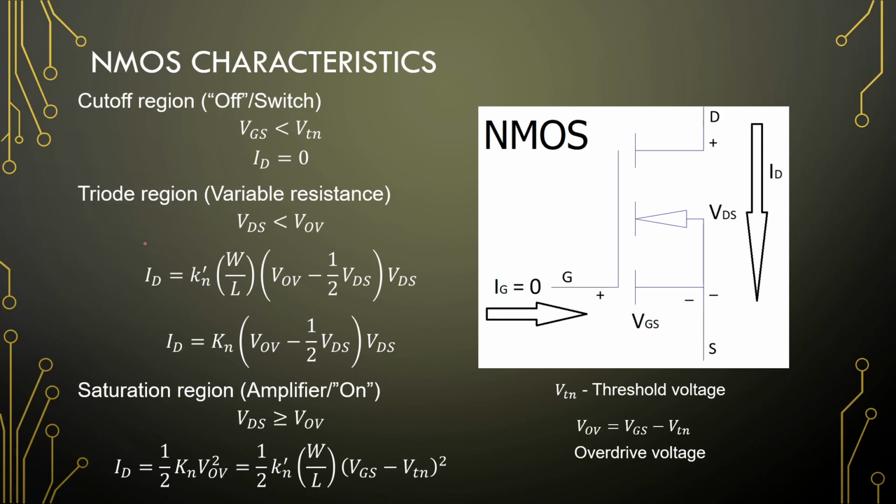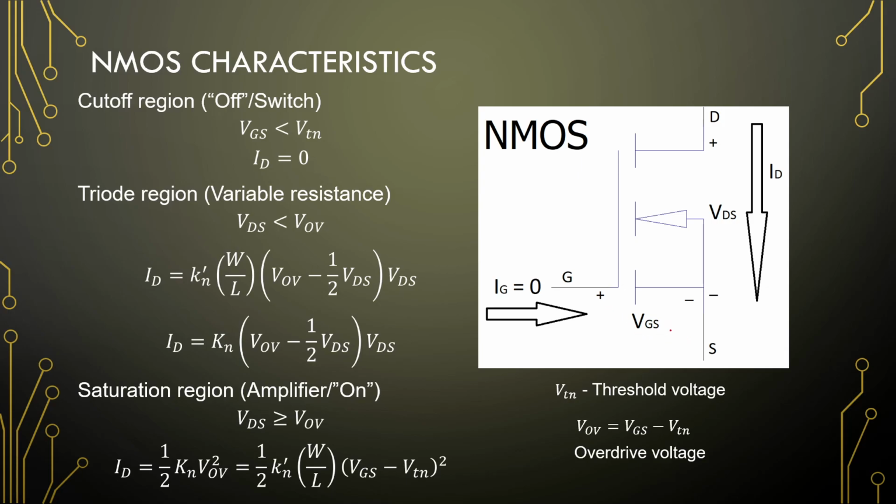So that is when your MOSFET acts like a variable resistance. Okay, so let's look at the symbol first before I go to the previous slide. And VGS is sitting here between the gate and the source.